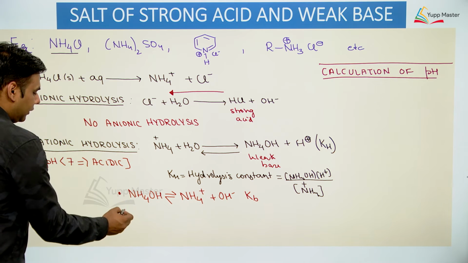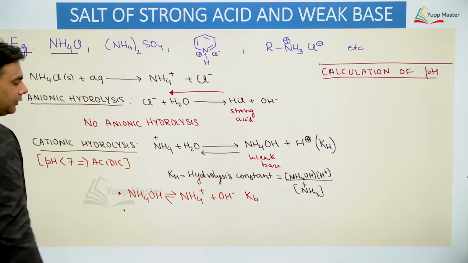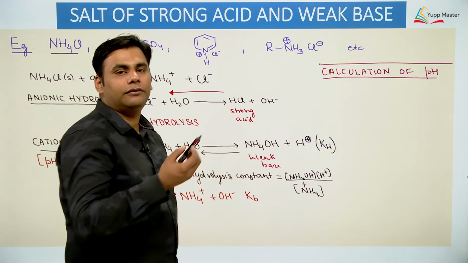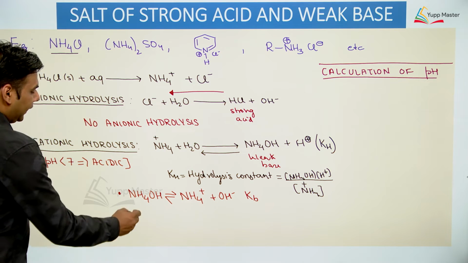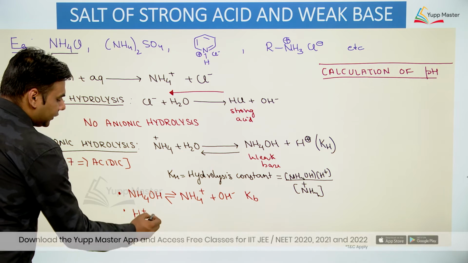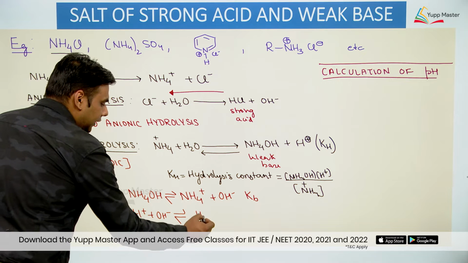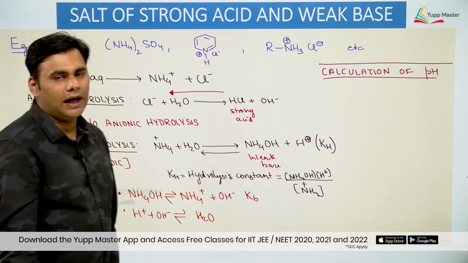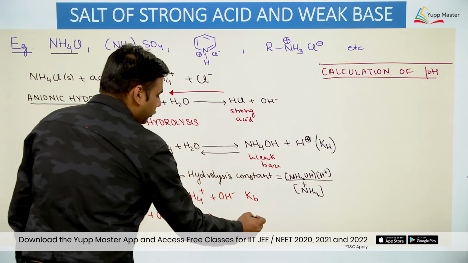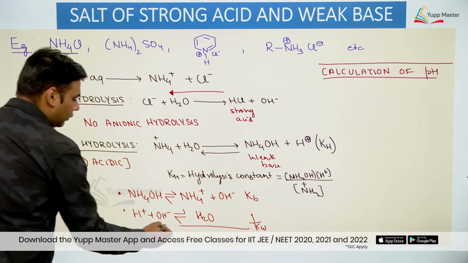Also we know that there will obviously be water in the solution, so water undergoes self-ionization, it breaks into H plus and OH negative. So if we write the reaction in the reverse manner, we can write H2O breaking into H plus and OH negative ion, whose equilibrium constant is Kw. So when we reverse the reaction, its equilibrium constant will be the reciprocal of that.